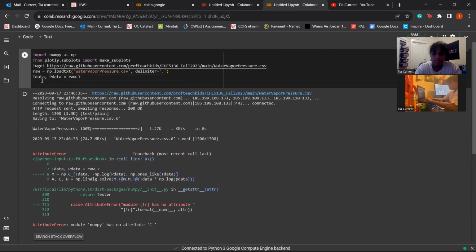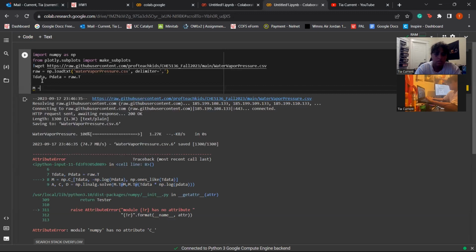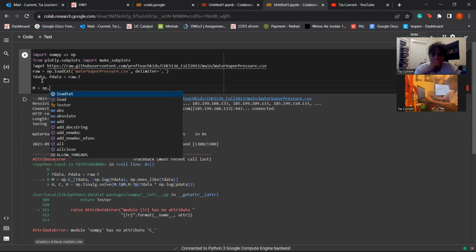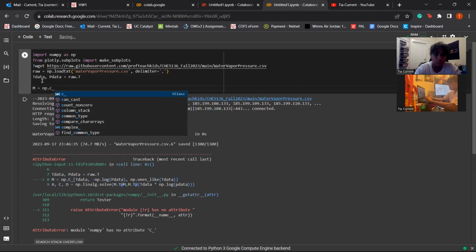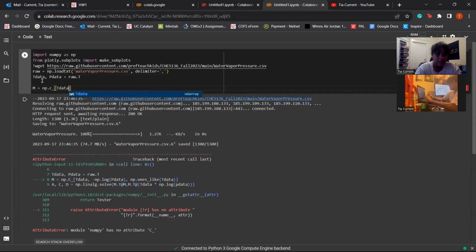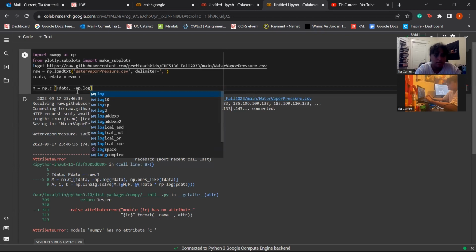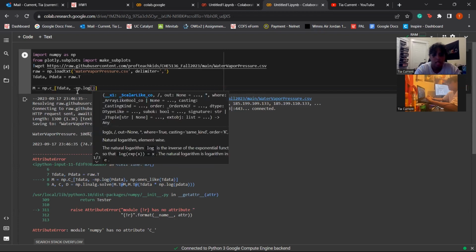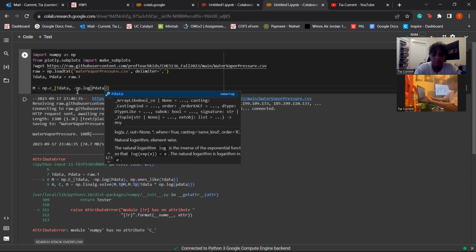And then we have our design matrix, which is M equal to np.c_ in brackets t_data, and we have our MP because this is going to be a log function of our pressure data. P_data. Okay, that showed up.